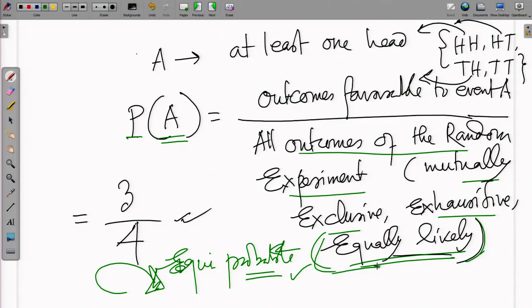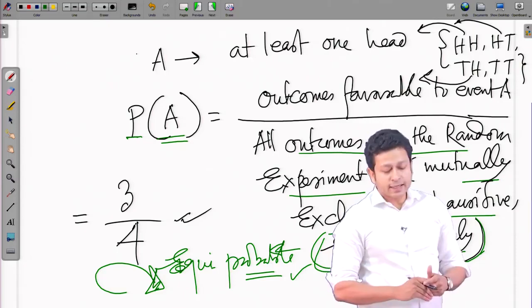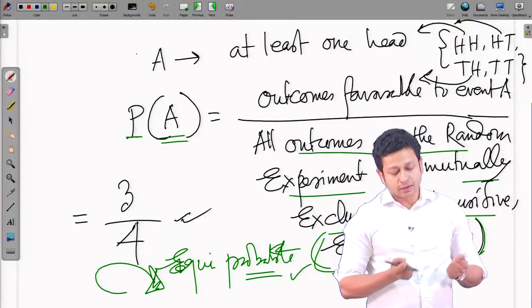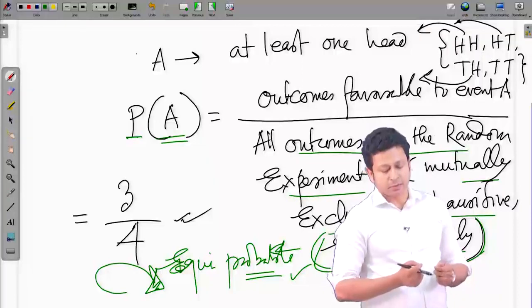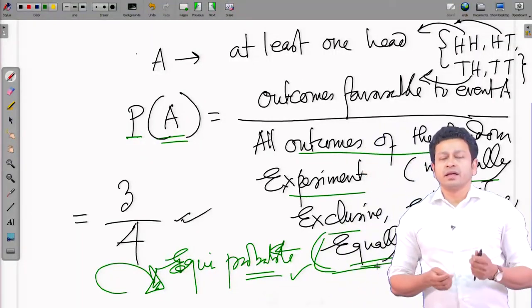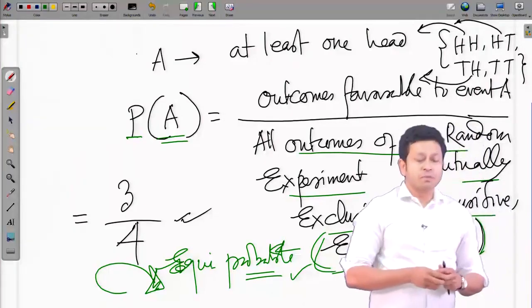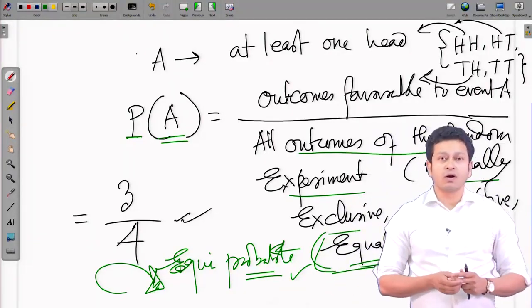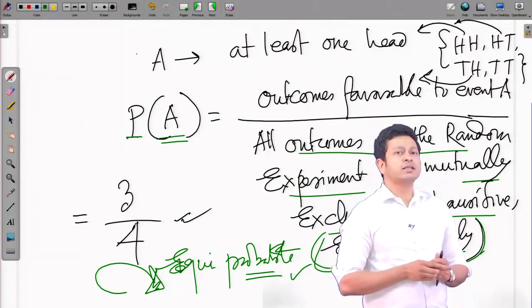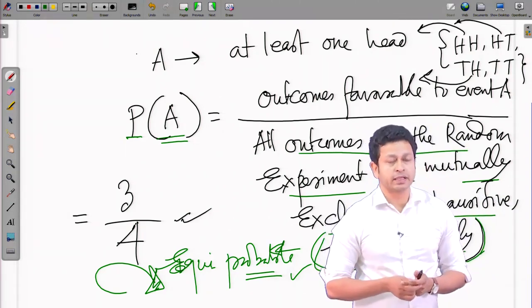The third defect of classical probability is that everything you do in classical probability happens in an ideal world. You are basically tossing a coin, or picking a ball from an urn, or throwing a die. All these ideal situations you can handle with classical probability.